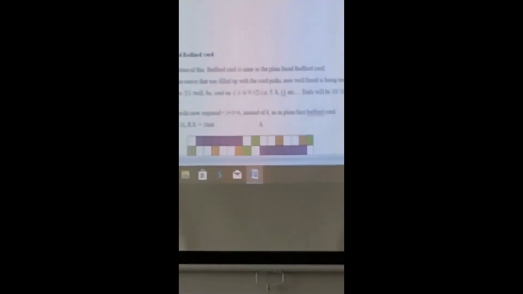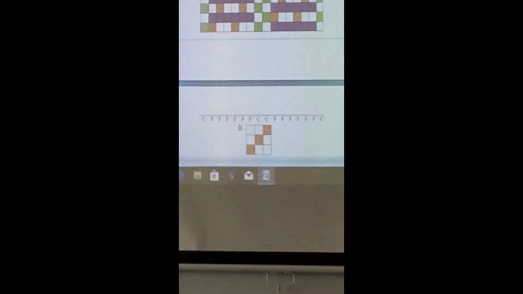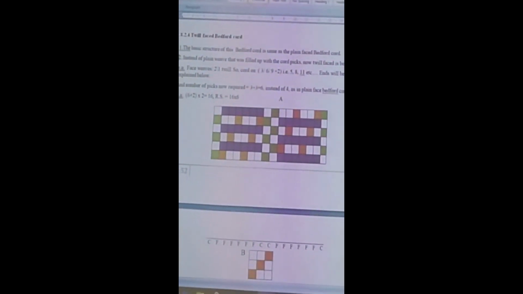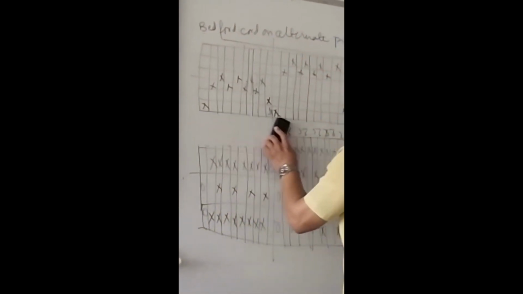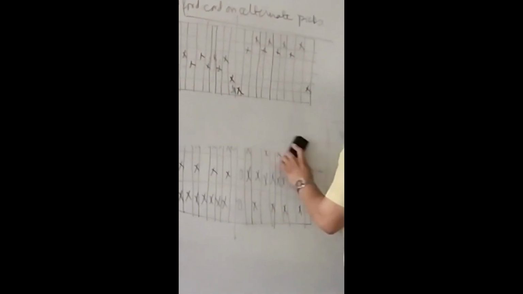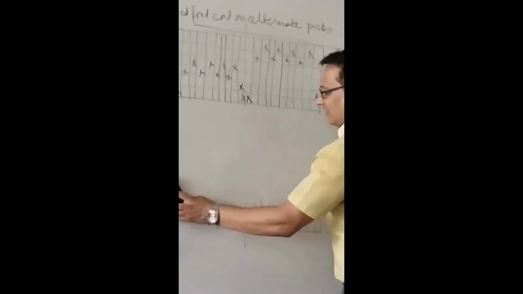Now we will be making the last one, twill faced. Now this is different from the earlier one. It first was plain faced. It means 1 up, 1 down, plain faced. Now it is twill faced. Now twill weave, as we know, was the second basic weave and the minimum was 1 up, 2 down.